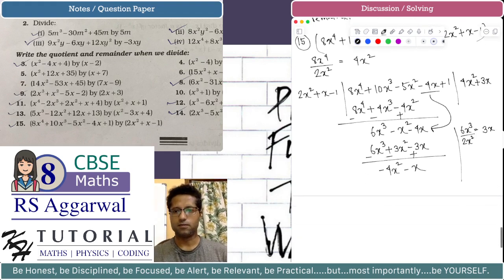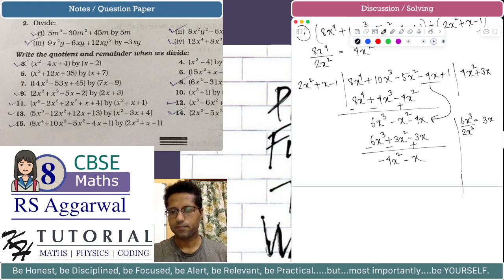Now we have the remainder minus 4x square minus x, and we still have one more term left in the dividend, which is plus 1. So we will append this with the current remainder to give the next dividend. Now the next term of the quotient will be the first term of the dividend divided by the first term of the divisor.